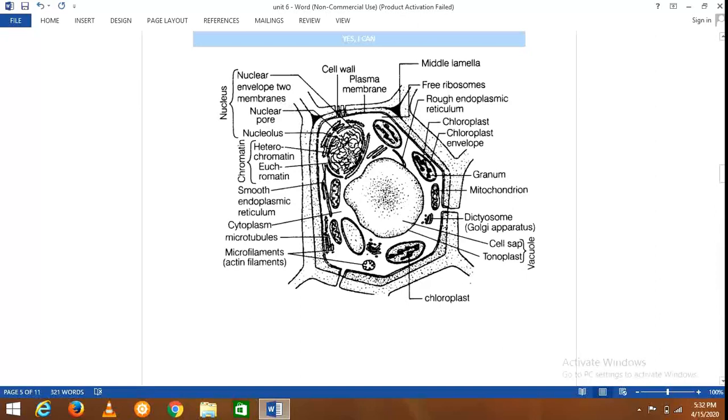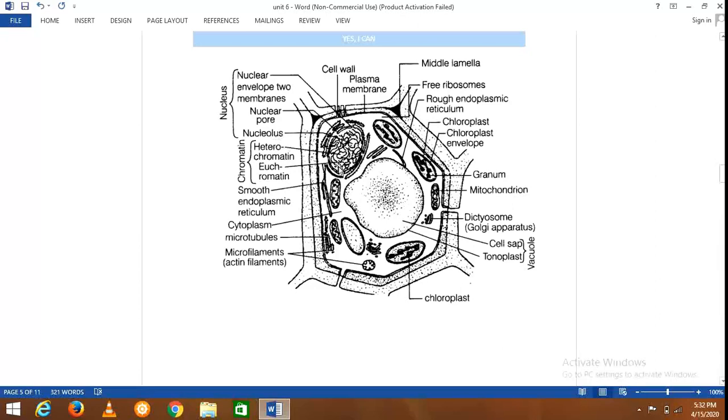And inside the nucleus you can see there is an unorganized structure. These structures are known as chromatin network. And inside the nucleus you can see this structure which we call the nucleolus. In the nucleus there may be 1 or 2 nucleoli.